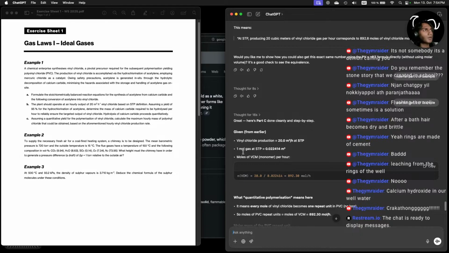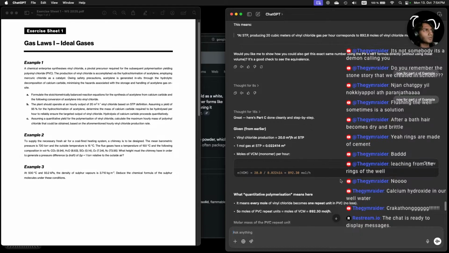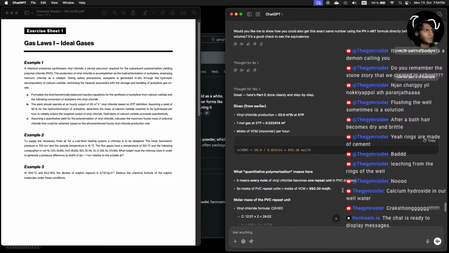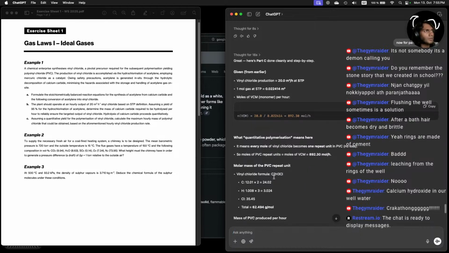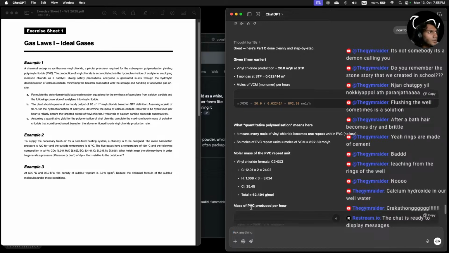So vinyl chloride, one more, okay. Moles of vinyl chloride monomer per hour that we calculated. What does quantitative polymerization mean here? It means every mole of vinyl chloride becomes one repeat unit of PVC, no loss. So moles of PVC repeat units equals moles of VCM. So that means the exact molar mass of the PVC repeat unit, the vinyl chloride formula's molar mass.